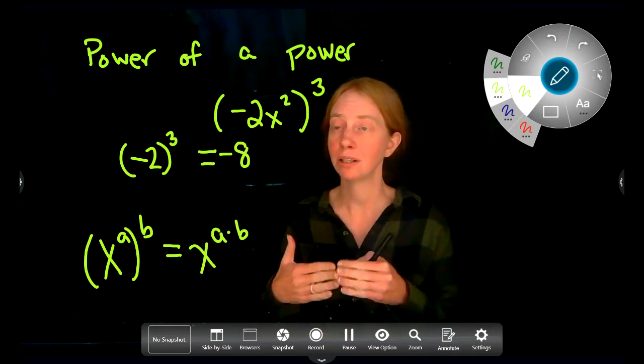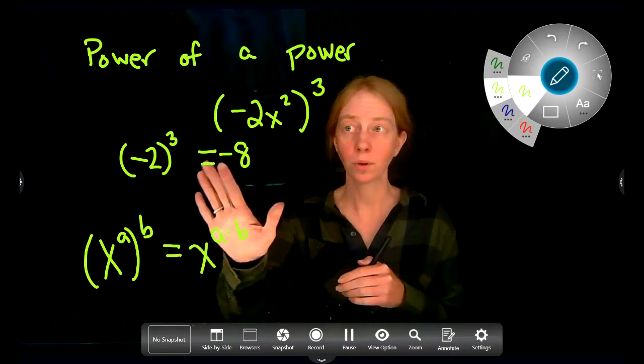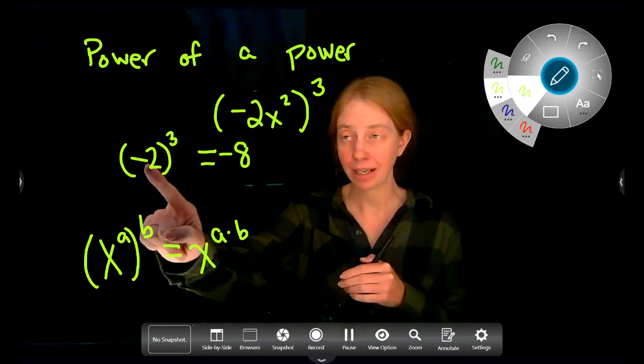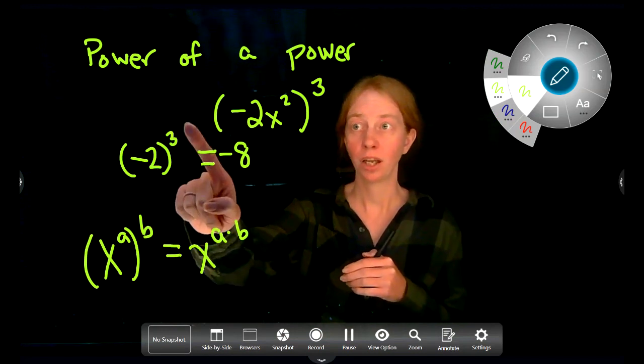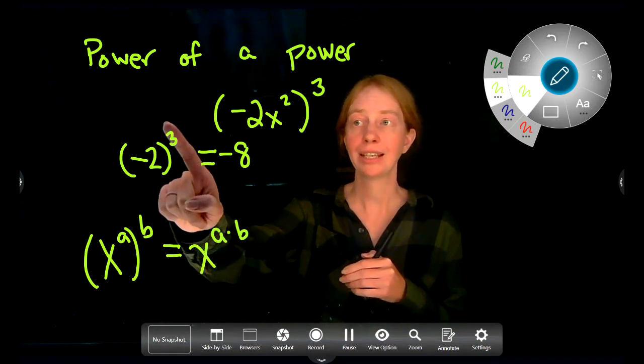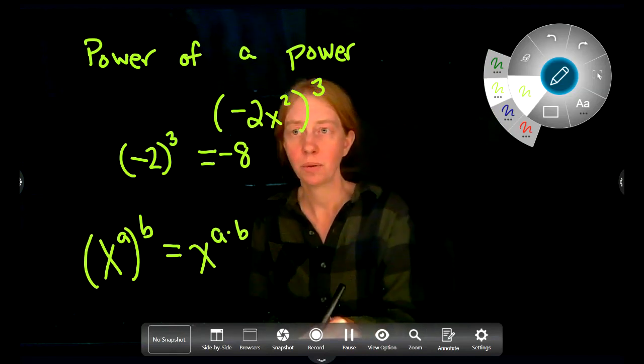Pay very close attention to your negatives on problems like this. General rule of thumb: if you have a negative coefficient, an odd exponent will give you a negative number. An even exponent will give you a positive number. Let me write that over here.